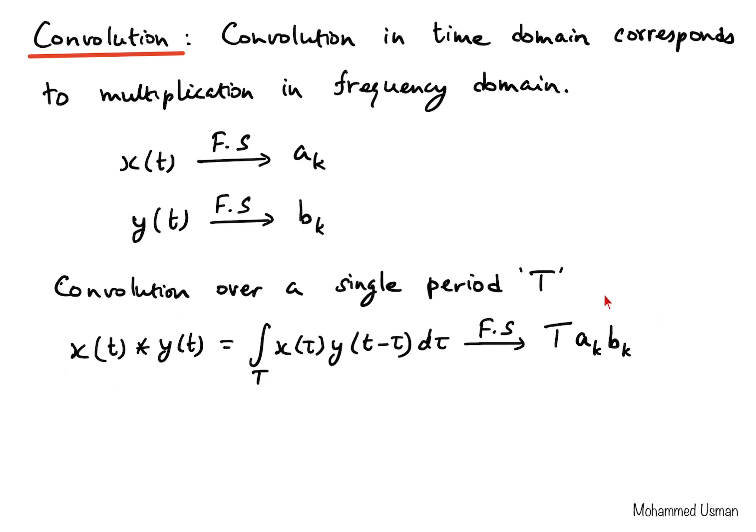Similarly, convolution in the time domain is multiplication in the frequency domain. These are important statements that you should remember, and they will come in handy in a lot of analysis that you'll see in this course, and also in quite a few courses that you will come across at higher levels.